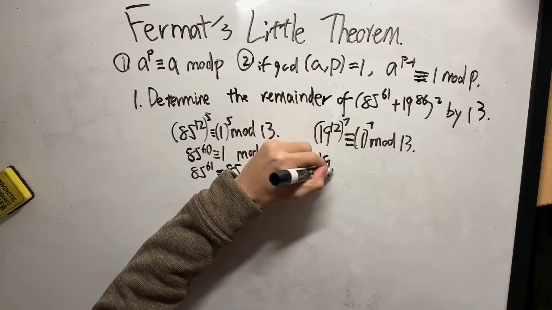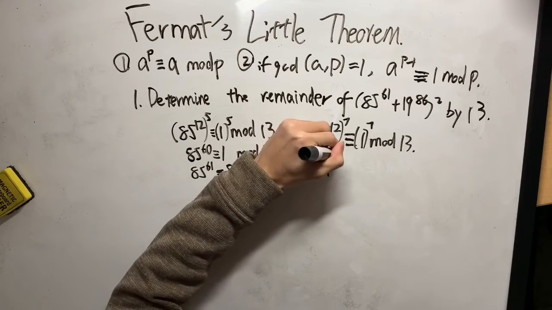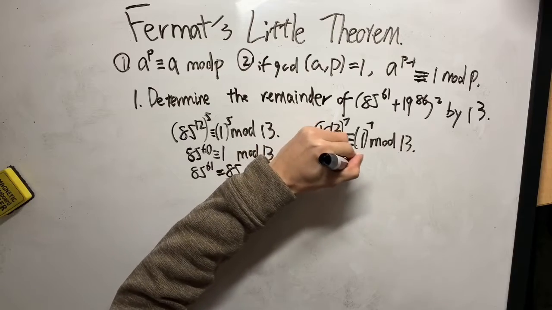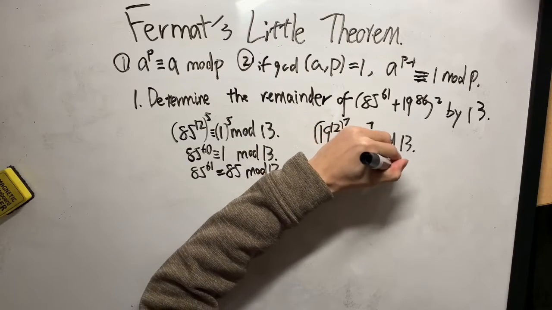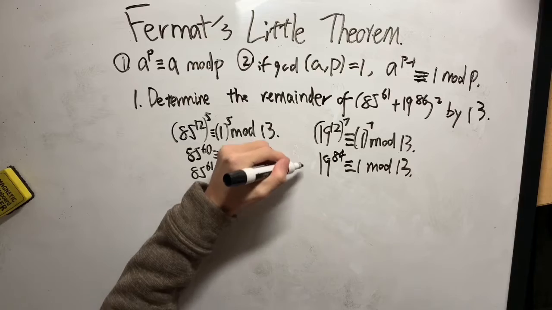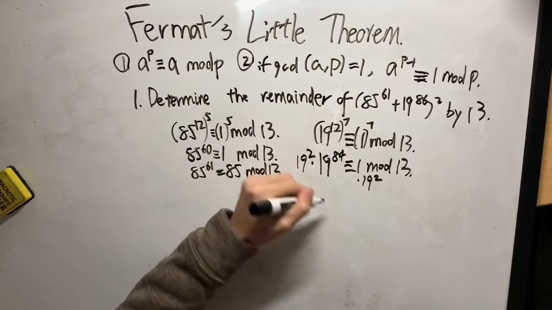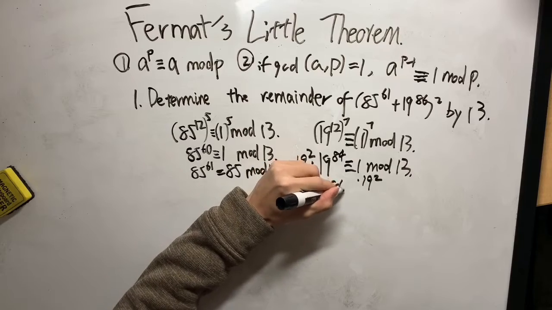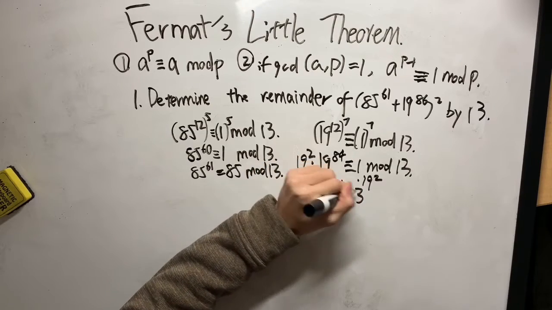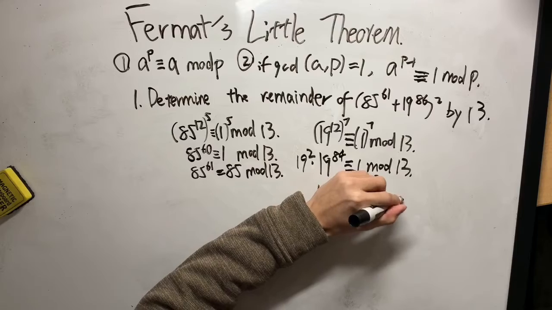So 19 to the 84 is congruent to 1 mod 13. And we times 19 squared on both sides. We have 19 to the 86 is congruent to 361 mod 13.